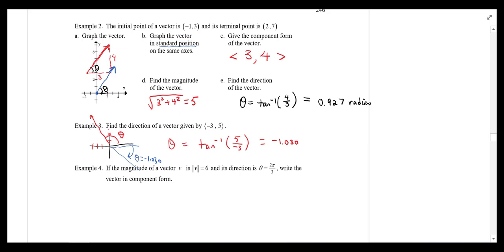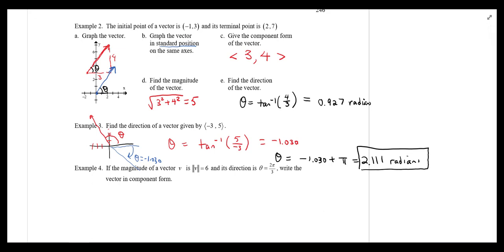But the one I'm looking for is in quadrant 2. So if you're thinking, do I have to add something to it? Yes, you do. Your angle theta is actually not negative 1.030, but it's that plus pi. And I think that's just 2.111. And that will be the correct answer for this in quadrant 2.